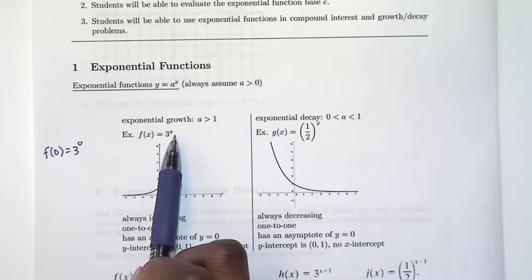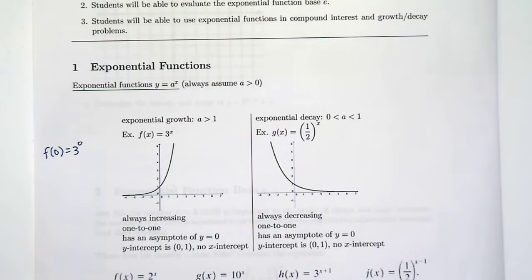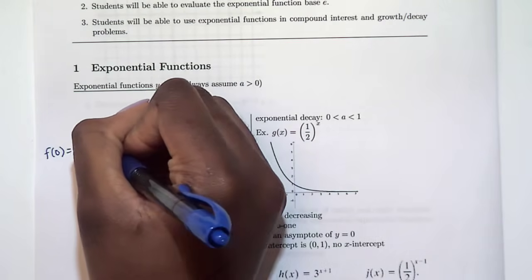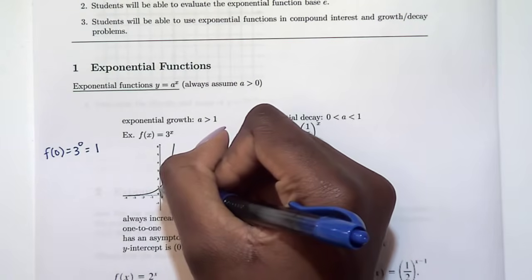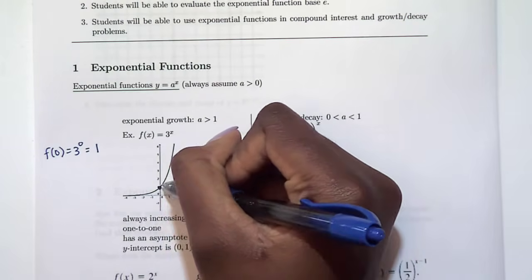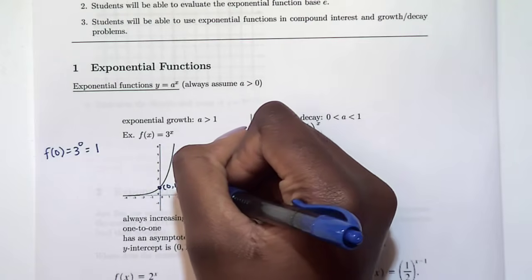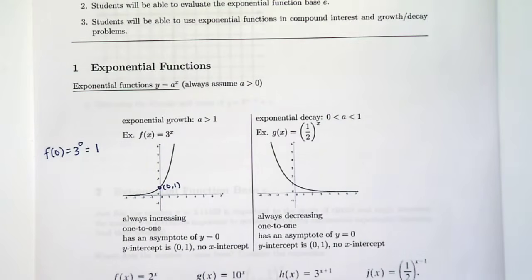We're plugging in 0 for x, and anything raised to the 0 is 1. So that means on our graph, we should have the point (0, 1). In fact, this point is on every exponential function, a to the x, 5 to the x, 4 to the x. They all have the point (0, 1).